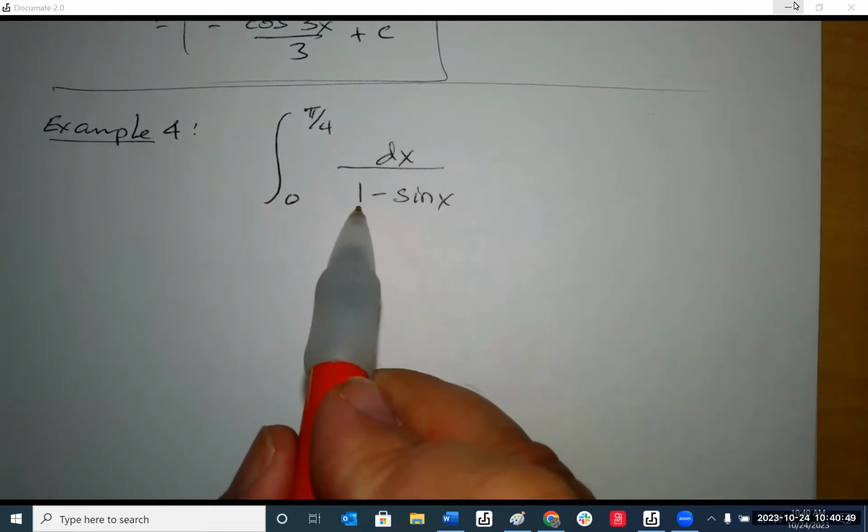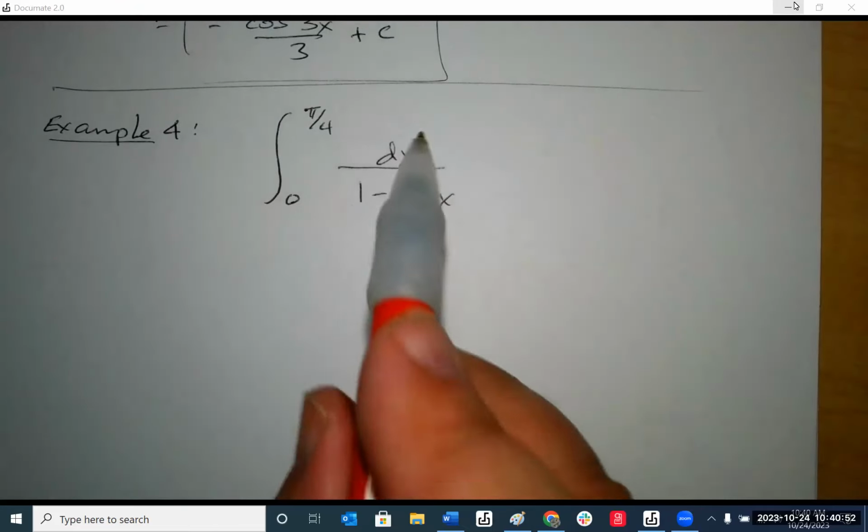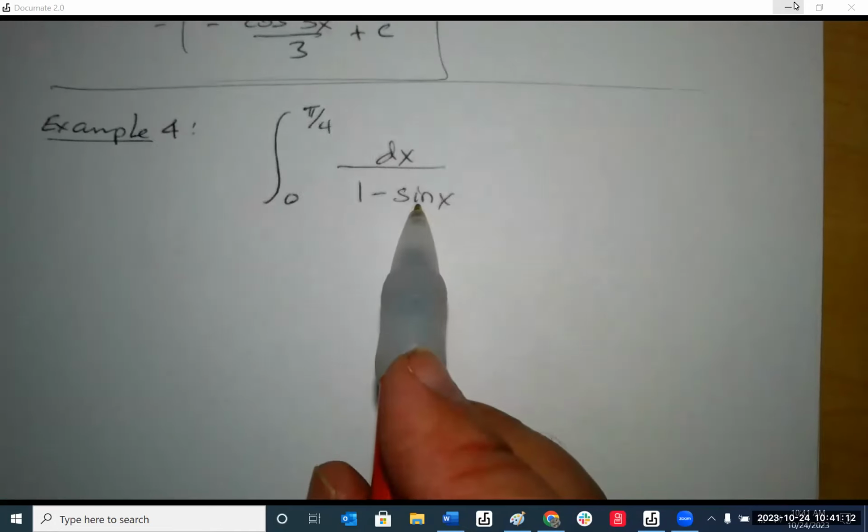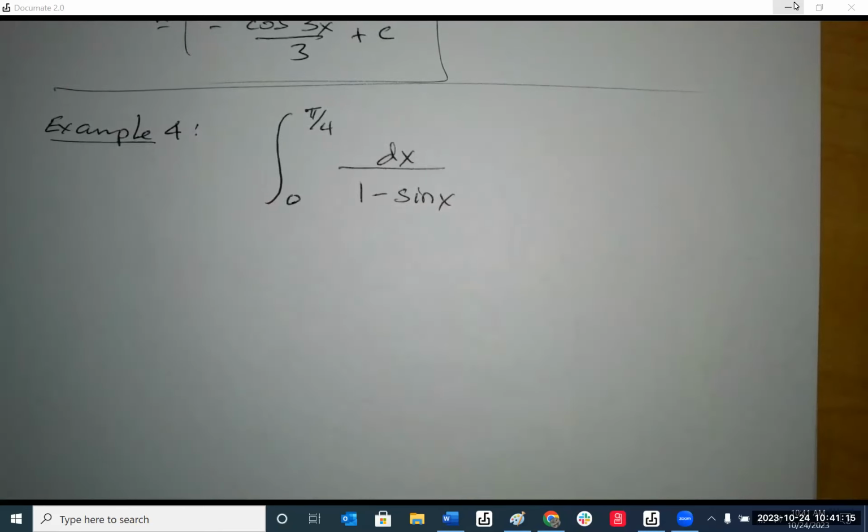If we took the derivative of the denominator, would we have an ln function? Do we have du over u? The answer is no, because the derivative of negative sine would be negative cosine, and we don't have that on top. And we can't put it there because it's a function of x.